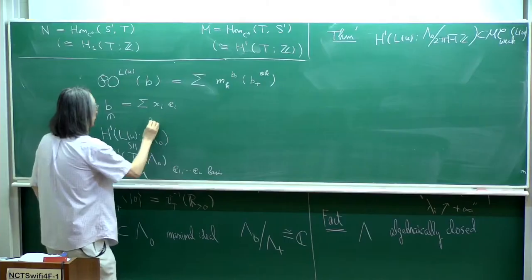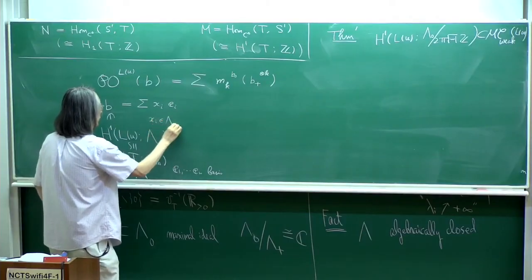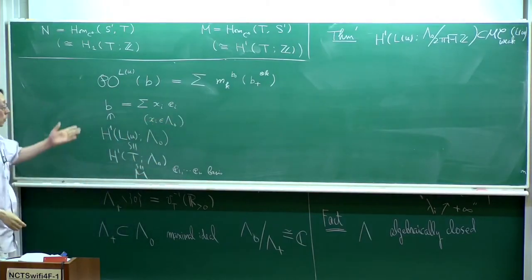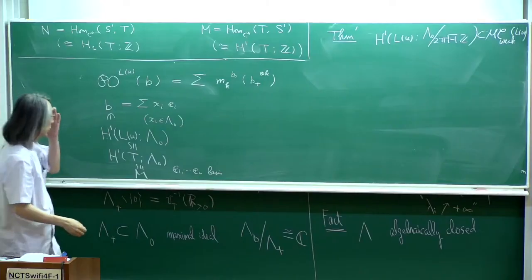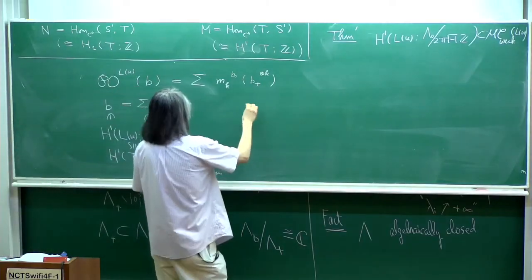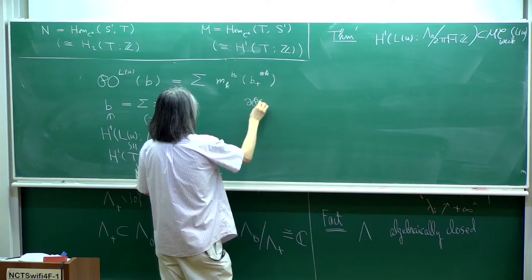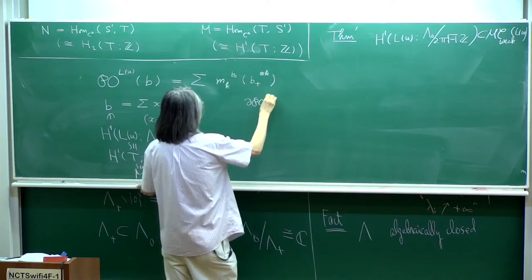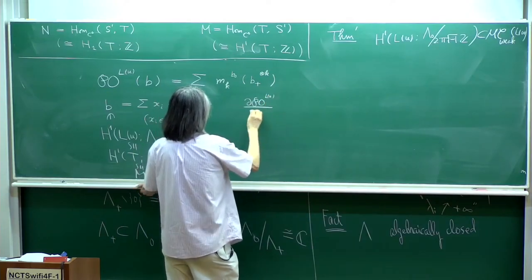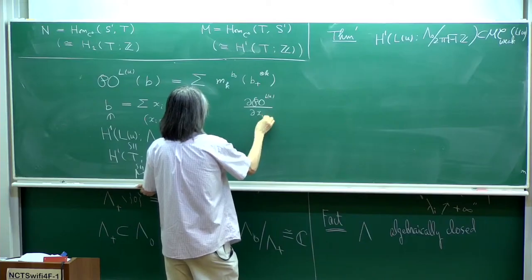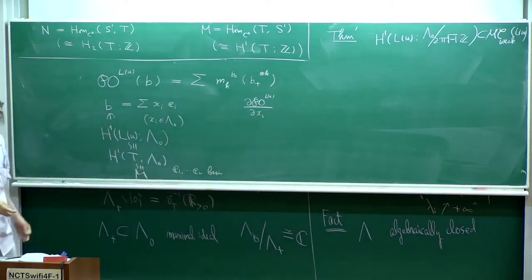So this xi, actually this Lambda_0. Okay, so I just write it in this way, and then consider the following things. Somehow this is just a formal computation, but just try to do this.